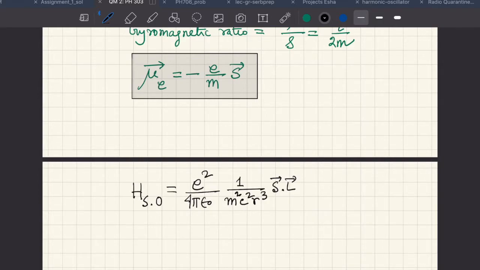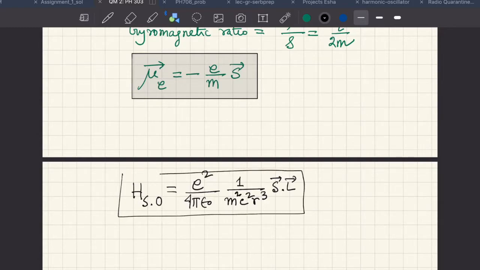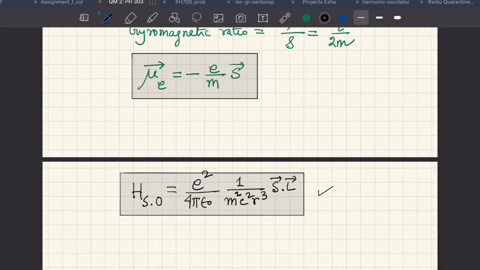Now let me talk about something which is not very pleasant. In calculating this expression for H_SO, we have actually cheated you in the following sense. When we did this analysis in the rest frame of the electron, we did not keep in mind the fact that the system is not an inertial system.